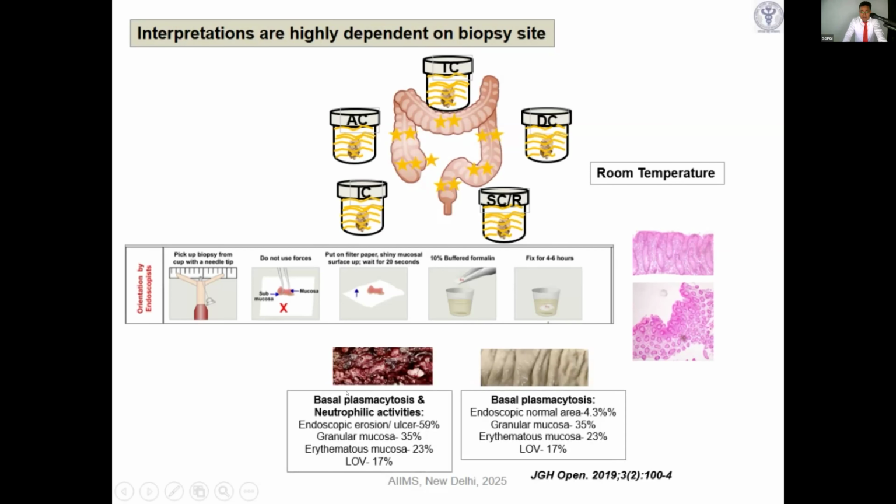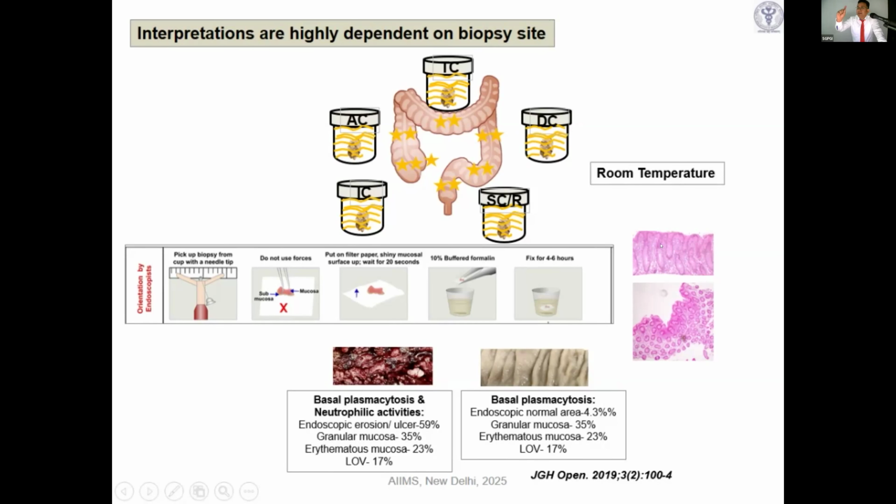And also remember that we have to know where the biopsies have been taken from, because it has been seen that if the biopsies are taken from endoscopic areas of erosion, ulcer, granular mucosa, erythematous mucosa, or loss of vascular pattern, the identification of basal plasmacytosis and neutrophilic activity varies. On the other hand, if you take only from an area where other changes are not there, only loss of vascular pattern is there, you will possibly identify less basal plasmacytosis.